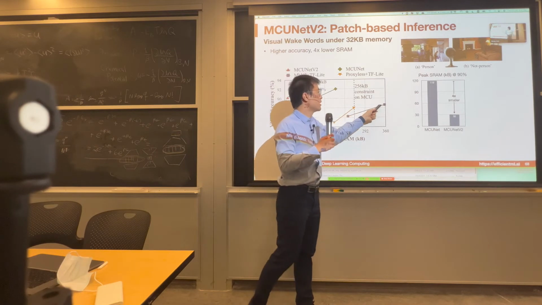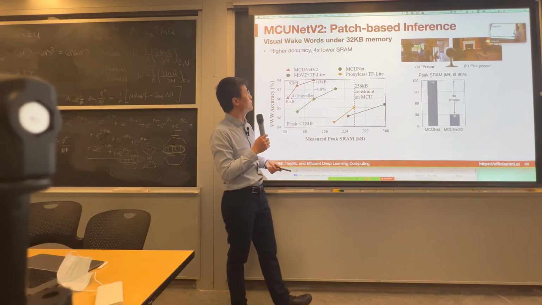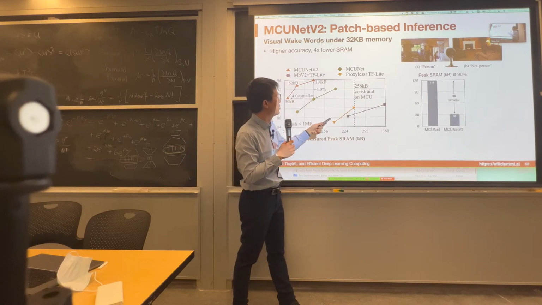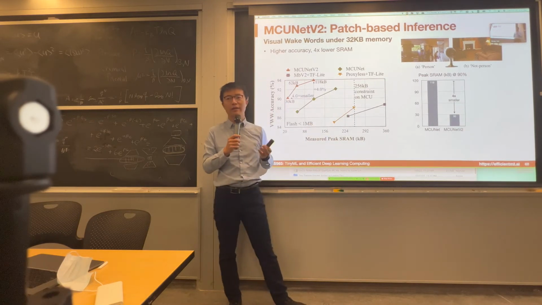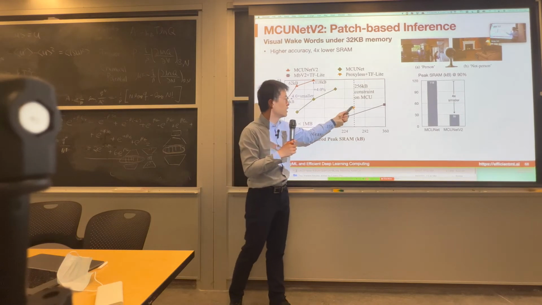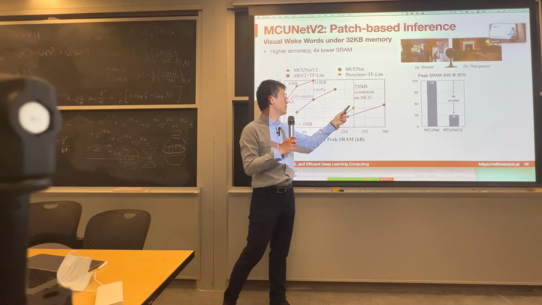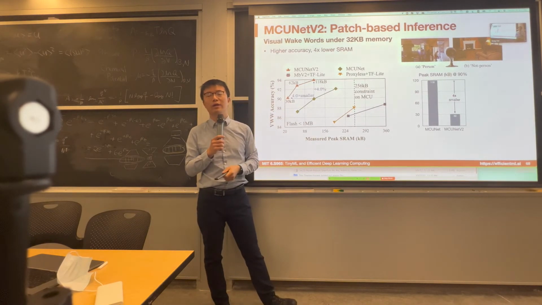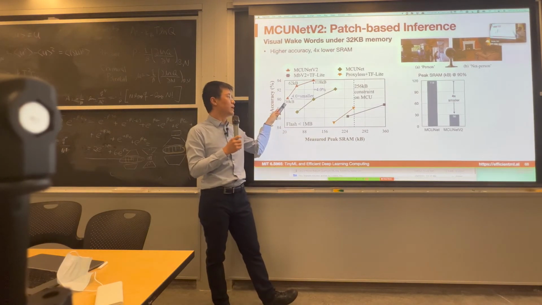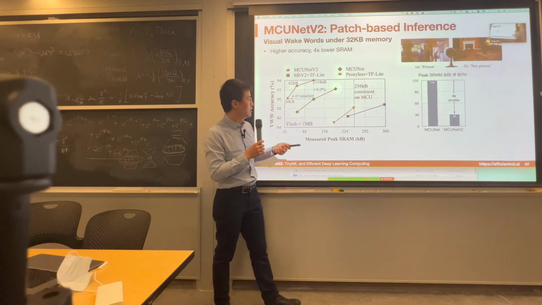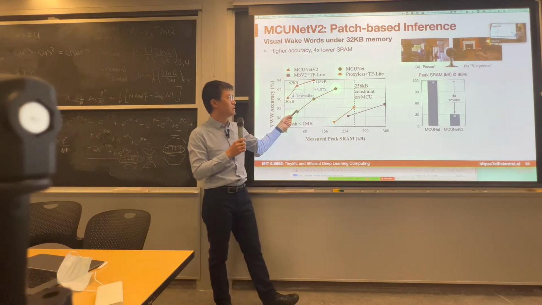This is MobileNetV2 plus Google's TensorFlow Lite Micro. And this is our result in 2019, right? In 2019, we could achieve 88% top-1 accuracy with 256 kilobytes of SRAM. So 88% of the time we have the correct prediction. This is our 2020 result, MCUNet.